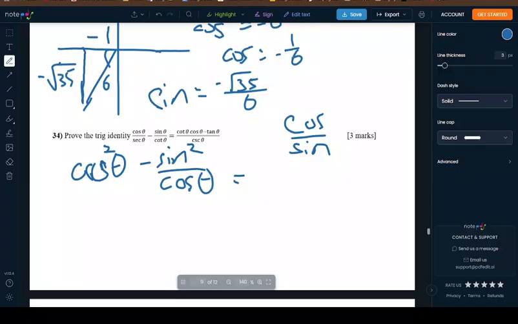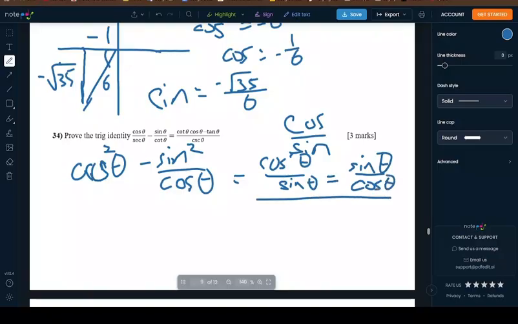But okay. If you do start on the right, you will have cos squared theta over sine theta minus sine theta over cos theta. Oh my god, this is a minus sign, by the way. Everything over cosecant, 1 over sine theta, or everything multiplied by sine theta.